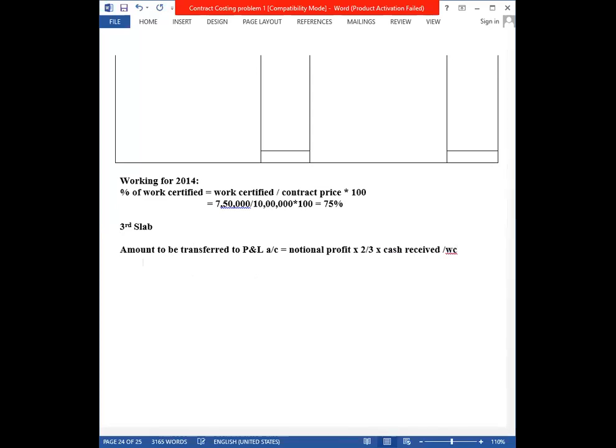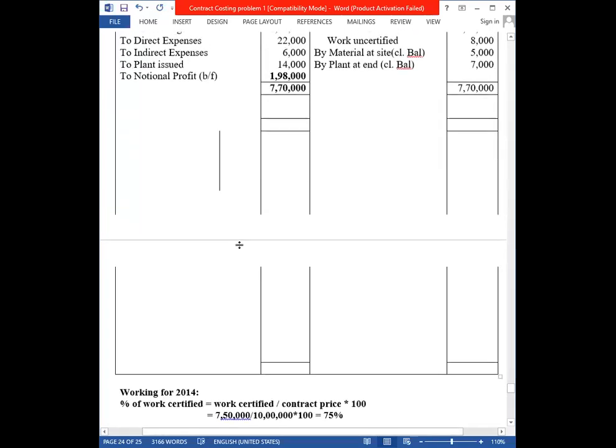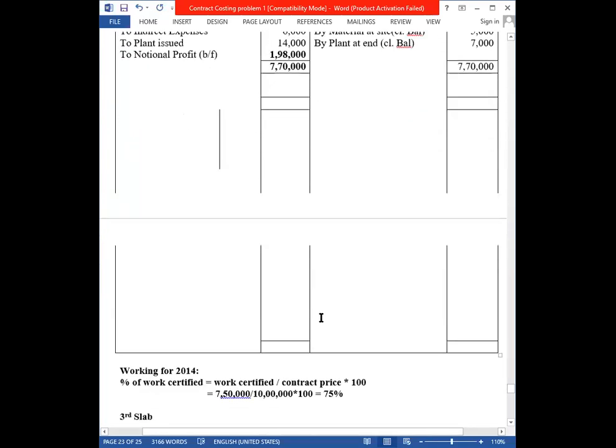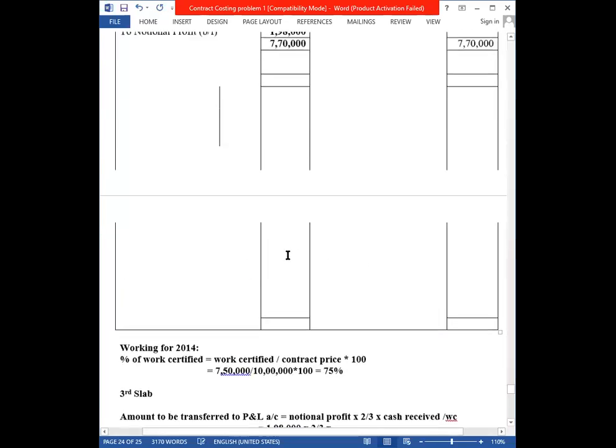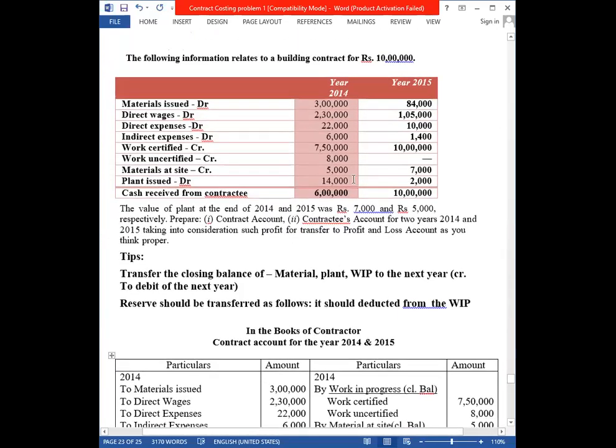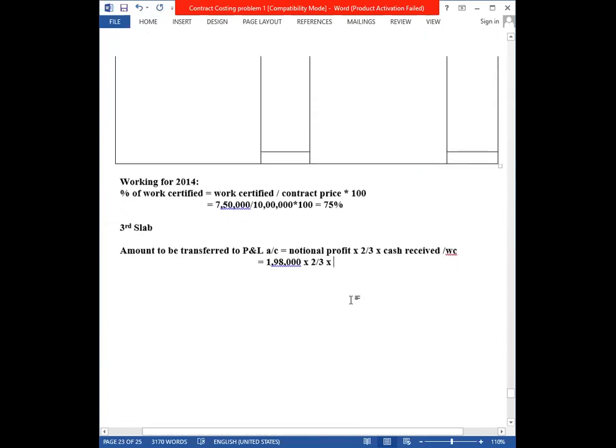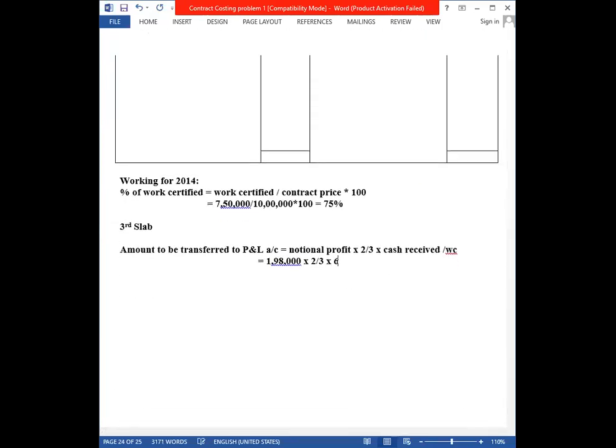I am going to calculate. What is the notional profit in this problem? 1,98,000. So 1,98,000 into 2 divided by 3 into cash received. How much is the cash received? Here it is given that cash received from the contract is 6 lakhs. The remaining is retained, he will be paying the remaining amount at the end.